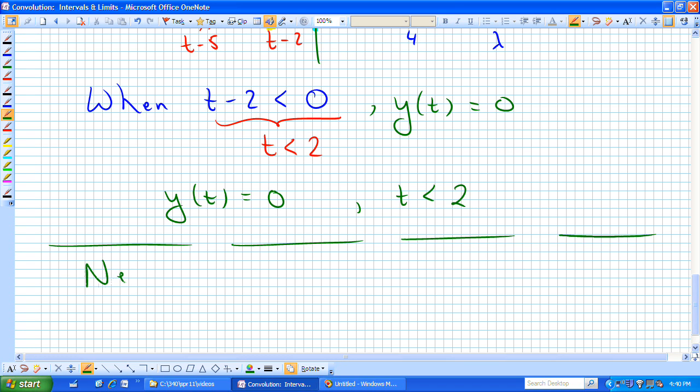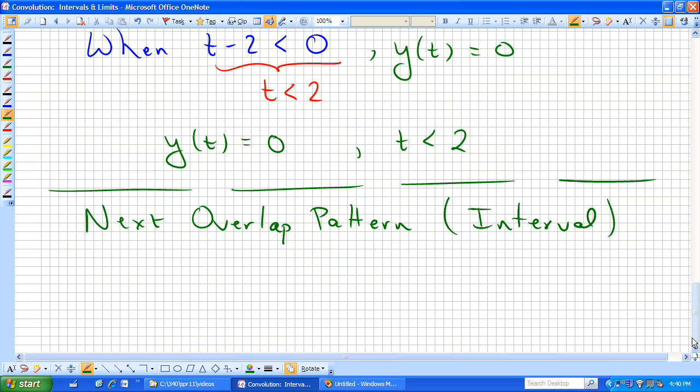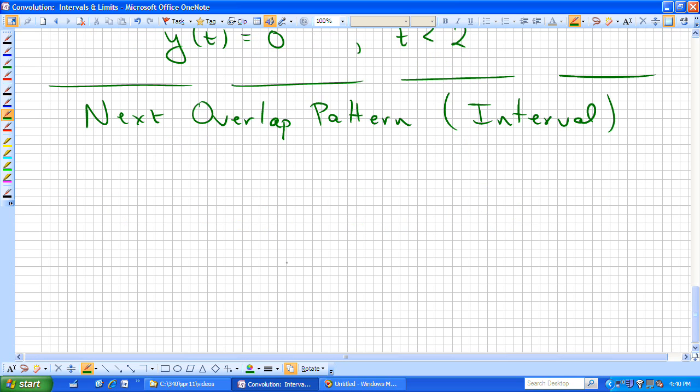Let's now look at the next overlap pattern, or to tie this back to how I defined it, this is another interval. If we look at this, what's going to happen? We're not moving or adjusting h of lambda. It's always going to just stay here and have a magnitude of 3, or functional form of 3, from 0 to lambda equal 4.